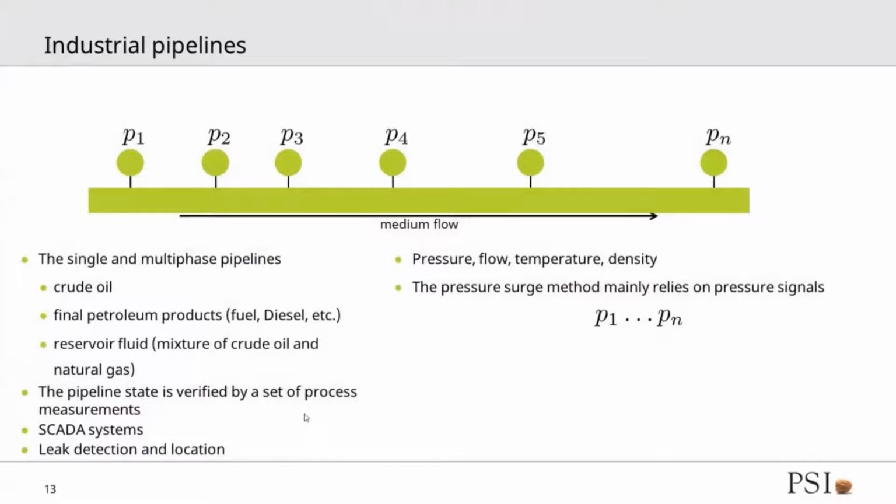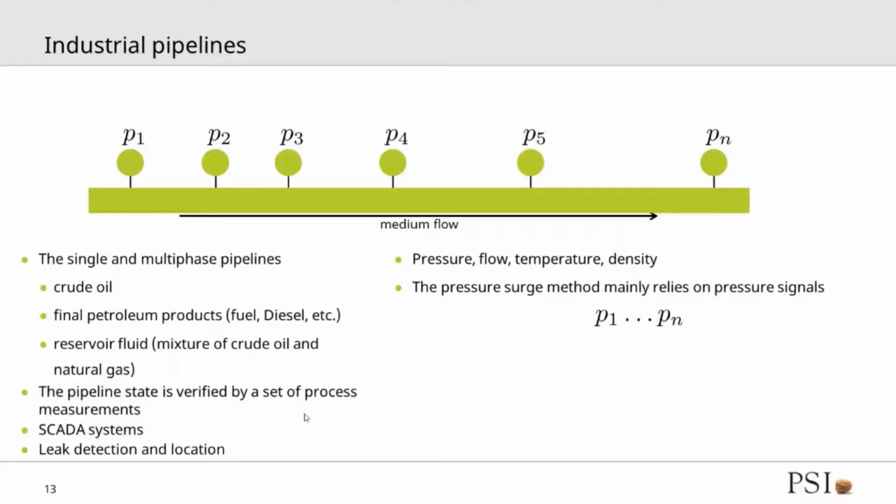And one of the responsibilities of the software we deploy at the customer sites is verification of the pipeline state based on a set of process measurements. In order to gather the measurements, we usually use the SCADA system, supervisory control and data acquisition, which is responsible for exactly the data acquisition. And we might have various signals like pressures, flows, temperatures, and so on.